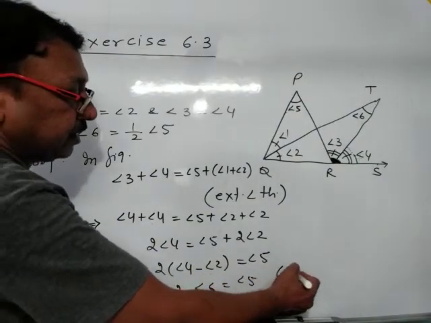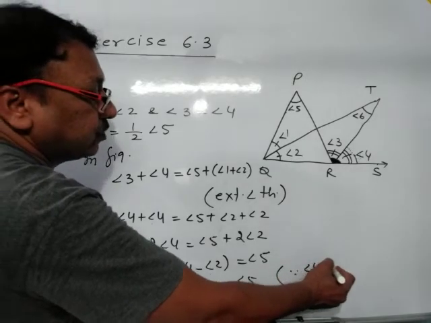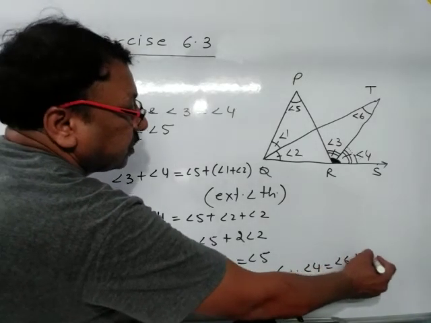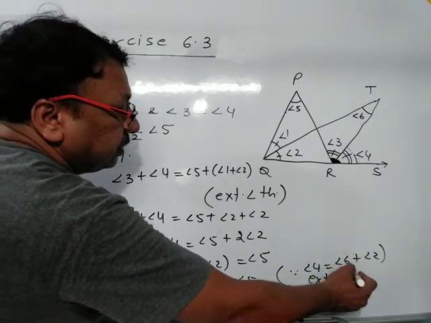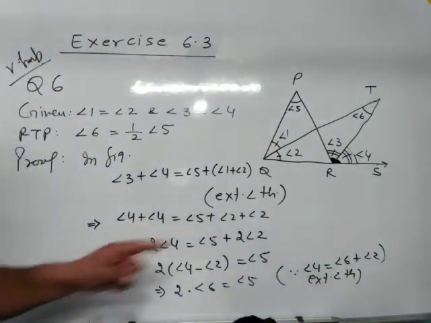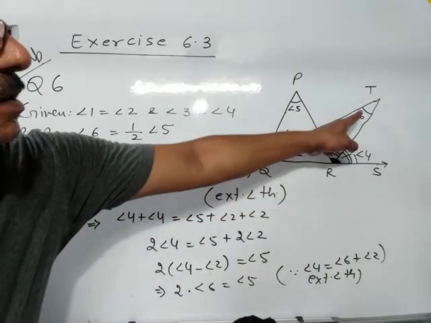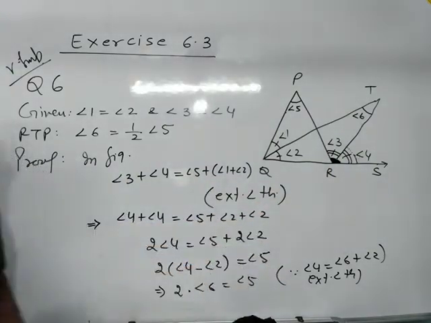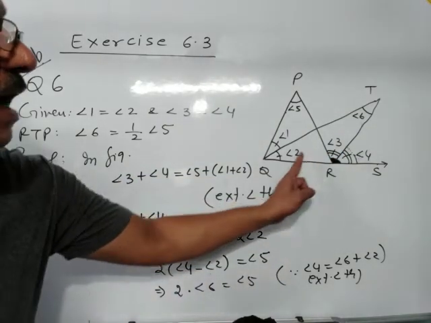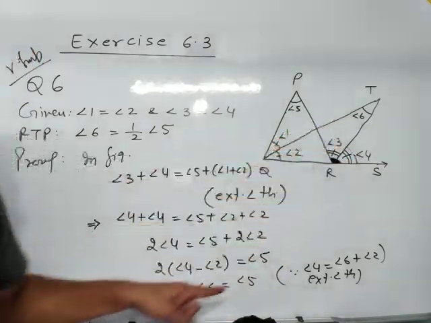Why? Since angle 4 is equal to angle 6 plus angle 2, by the exterior angle theorem. Then angle 4 minus angle 2 is equal to angle 6.